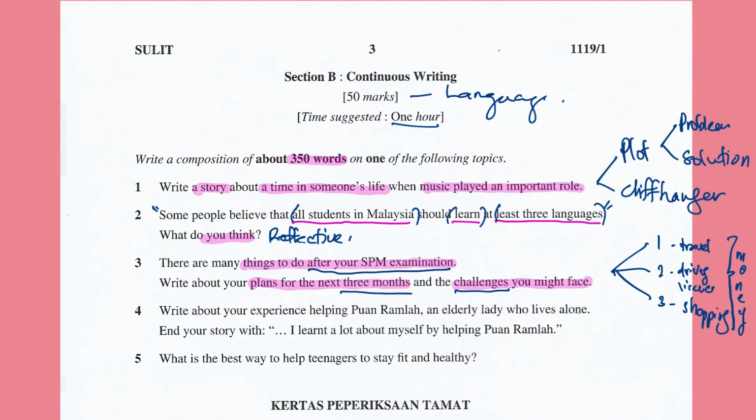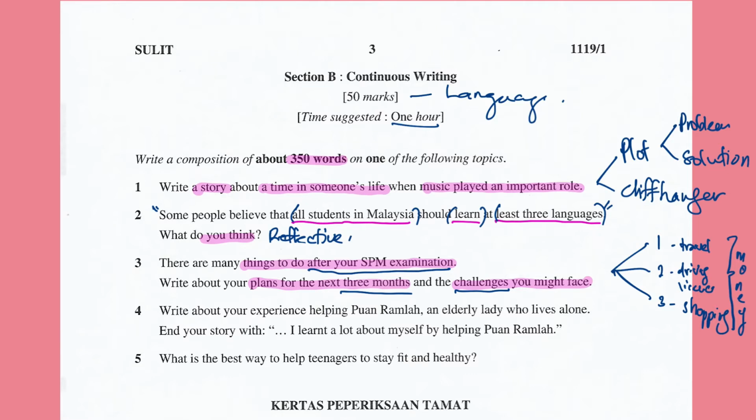Alright, so you have your plans, and then you have your challenges. It says challenges here. You can add money or time, maybe if you want to make your case stronger, but this for the challenge, it might be only in the last paragraph, or you can put it together for each paragraph.